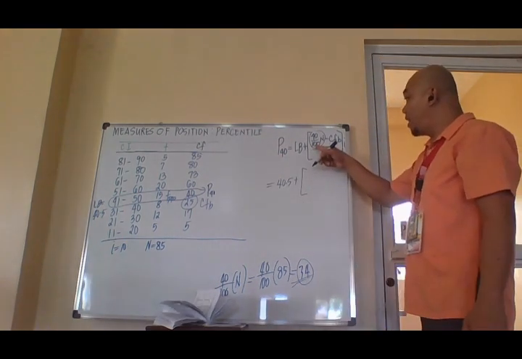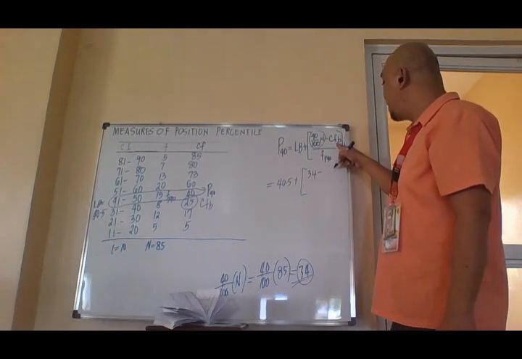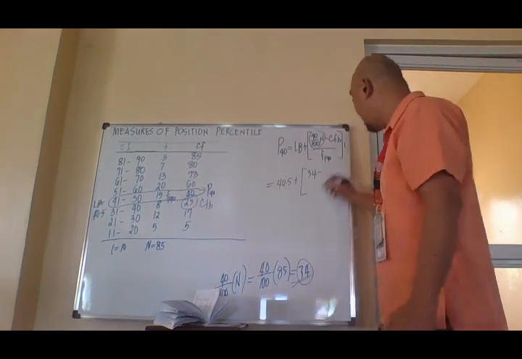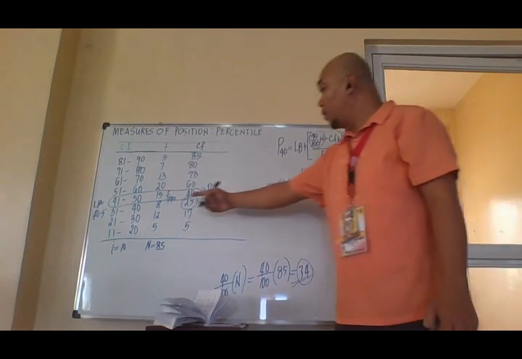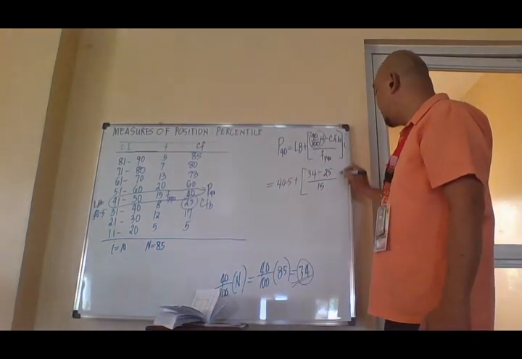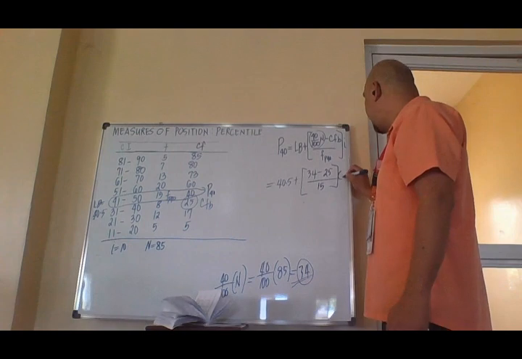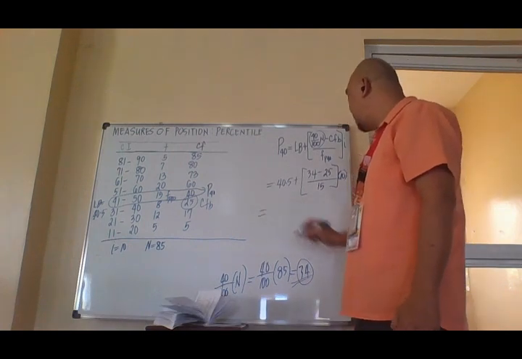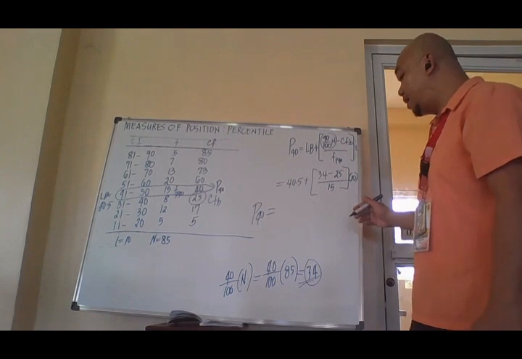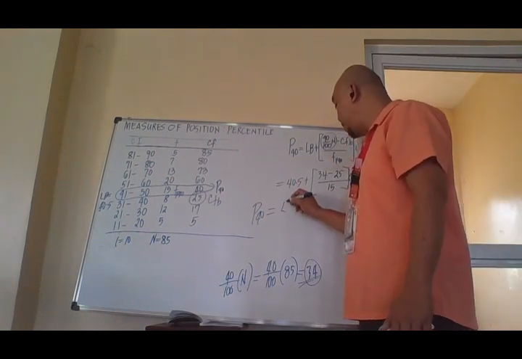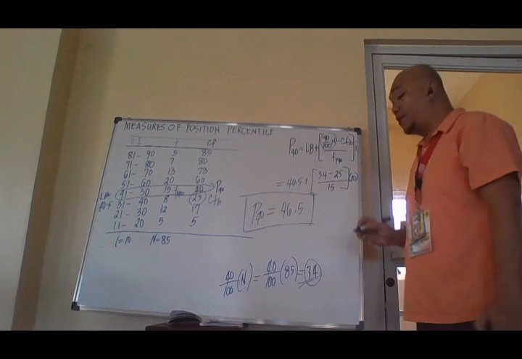And then 40 over 100 times n, that is 34, minus the cumulative frequency before the 40th percentile class, that is 25, divided by the frequency of P40, which is 15, and then multiply by the size of the class interval, in this case 10. If we simplify all of this, P40 is equal to 46.5. So this is now the value of our P40.